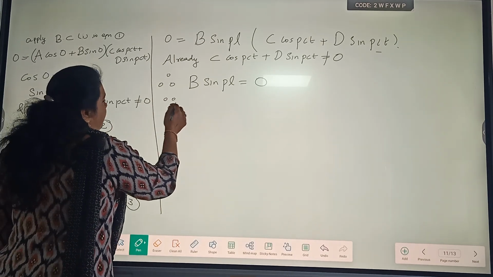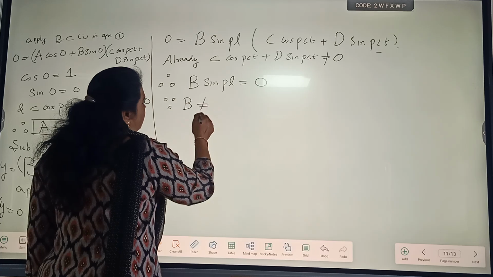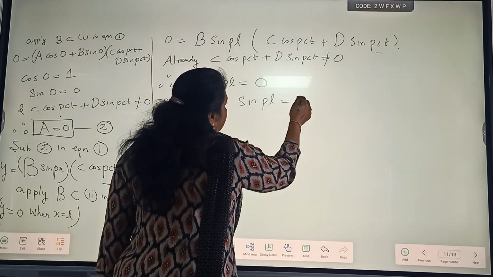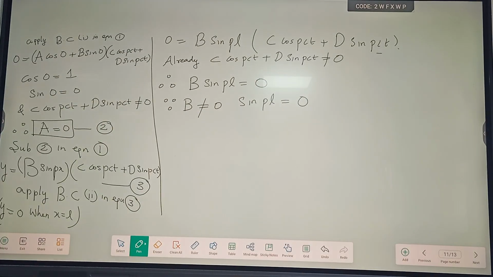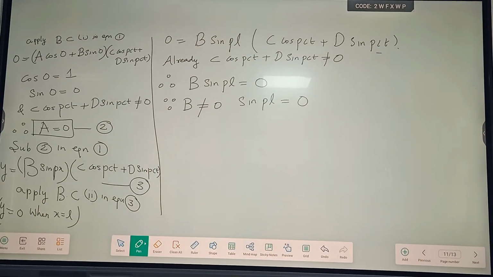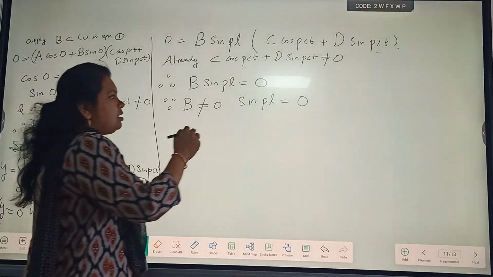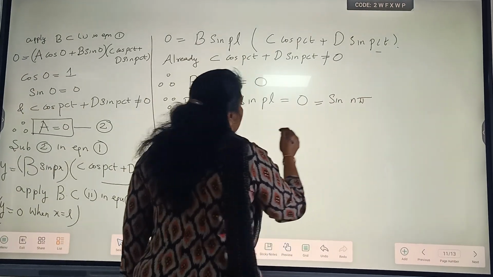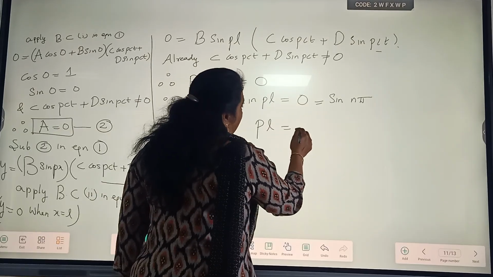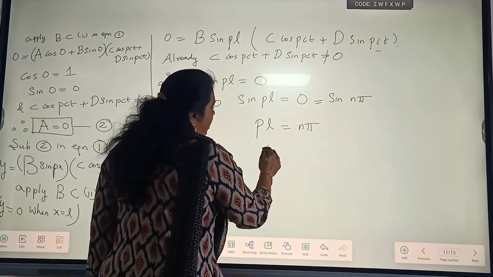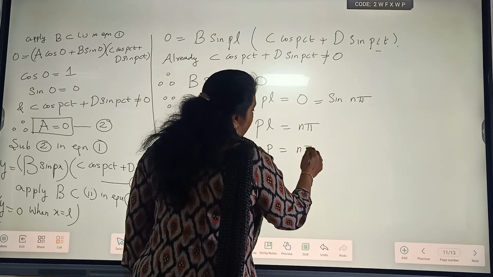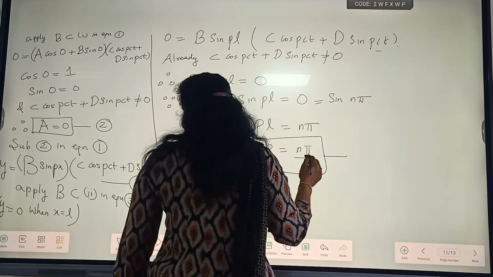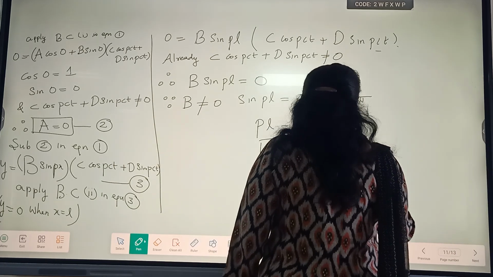Since B is non-zero, sin pL equal to 0. Zero in terms of the sine function is sin n pi. So pL equal to n pi, and p equal to n pi by L. We got this as equation 4.